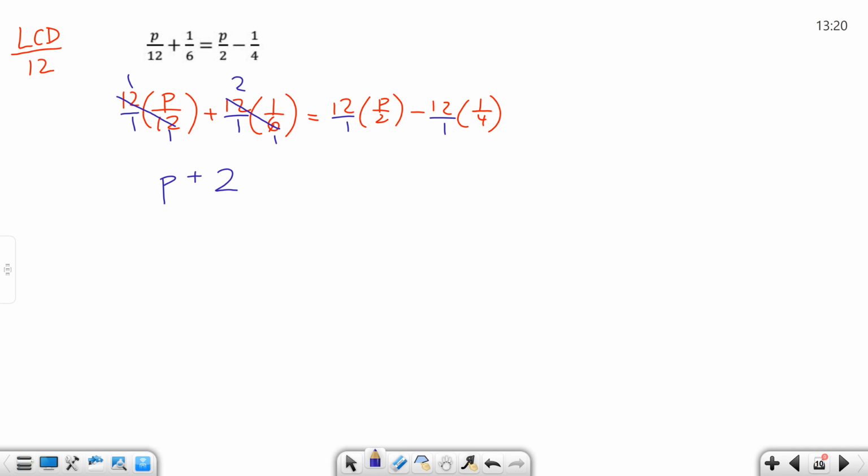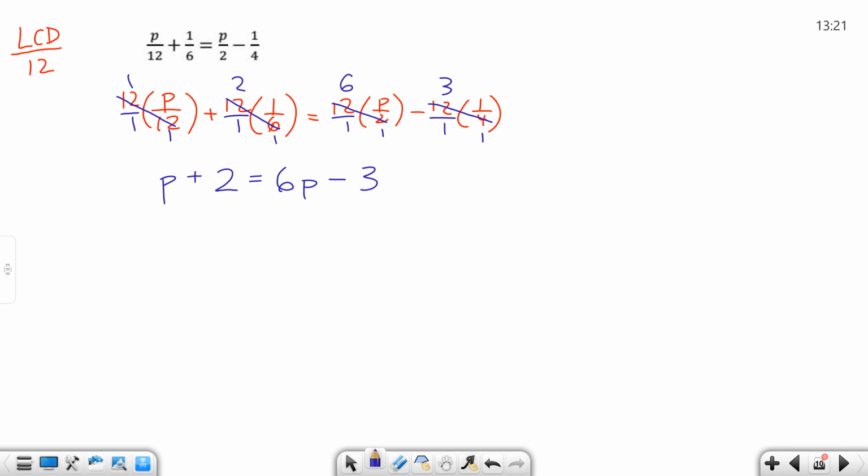Equals 12 over 2, which is what? 6 and 1. So 6 times P is 6P. And then minus 12 over 4, which is 3. So minus 3 times 1 is 3 over 1, and that doesn't change when it's over 1.